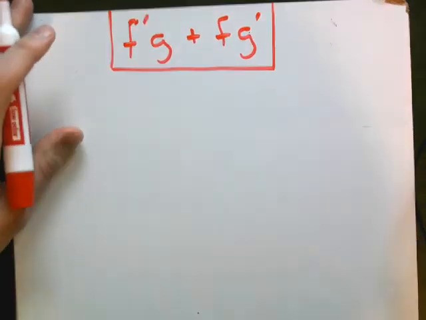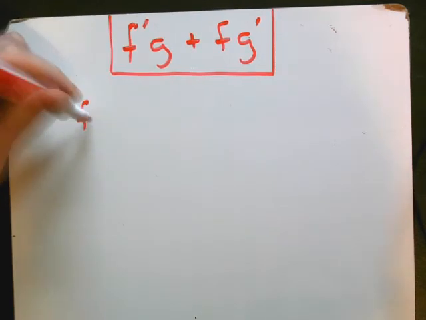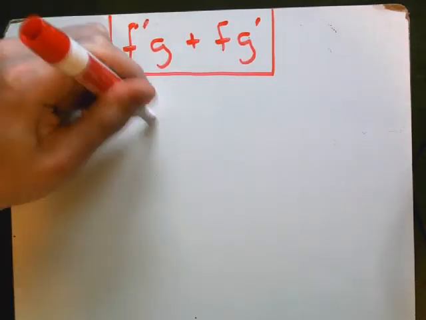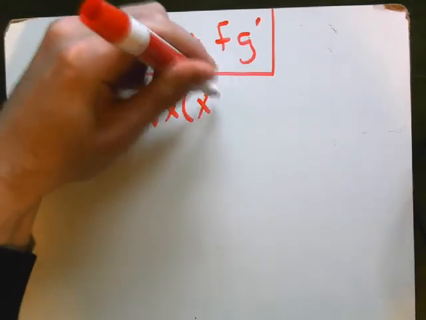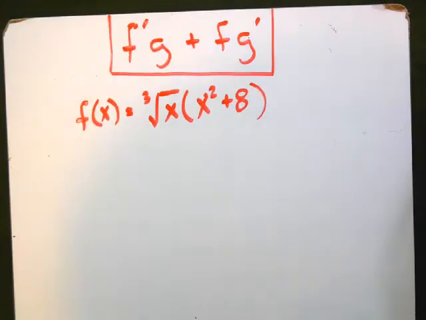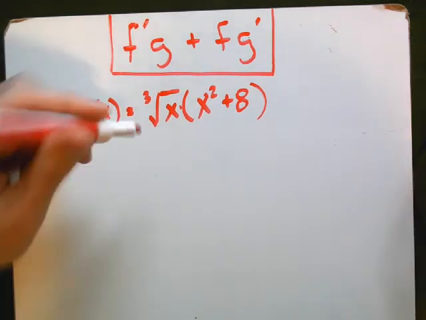Okay, so the example I'm going to do for product rule is going to be one that involves a radical. I'm going to say take the derivative of f of x equals the third root of x times x squared plus 8. Okay, and we want to find f prime, or the derivative of this. This is obviously something we can use product rule with because we're multiplying two different expressions together.